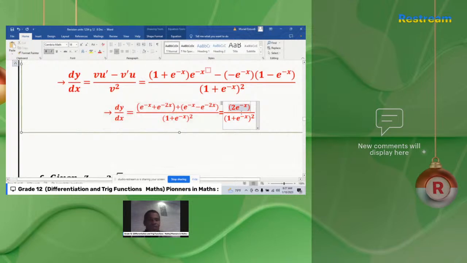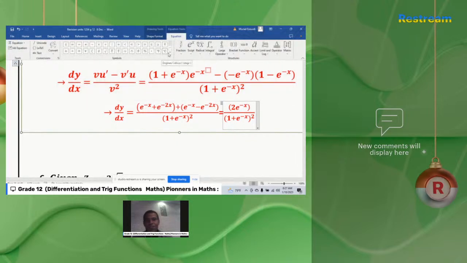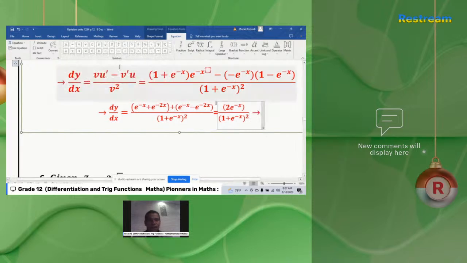I will write y dash instead of dy with respect to x because I don't have a lot of space.